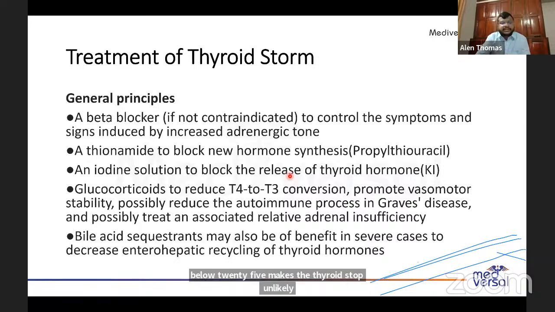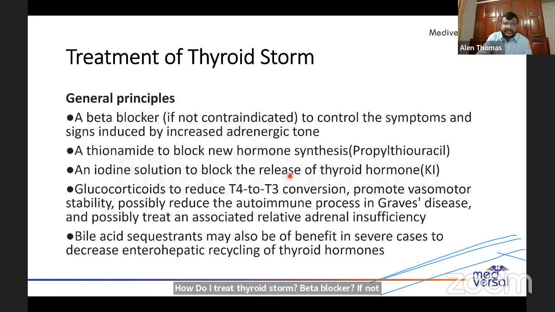How do I treat thyroid storm? Beta blocker, if not contraindicated, to control the symptoms and signs caused by increased adrenergic tone. Thionamide is used to block new hormone synthesis, that's your propylthiouracil. Iodine solution to block the release of thyroid hormone. The latest, as per July 2024 UpToDate, mentions potassium iodide.